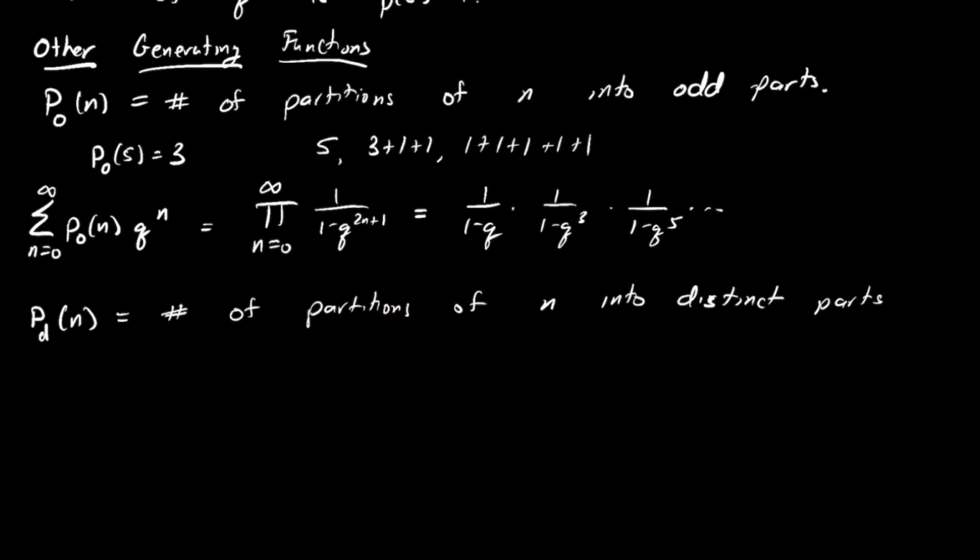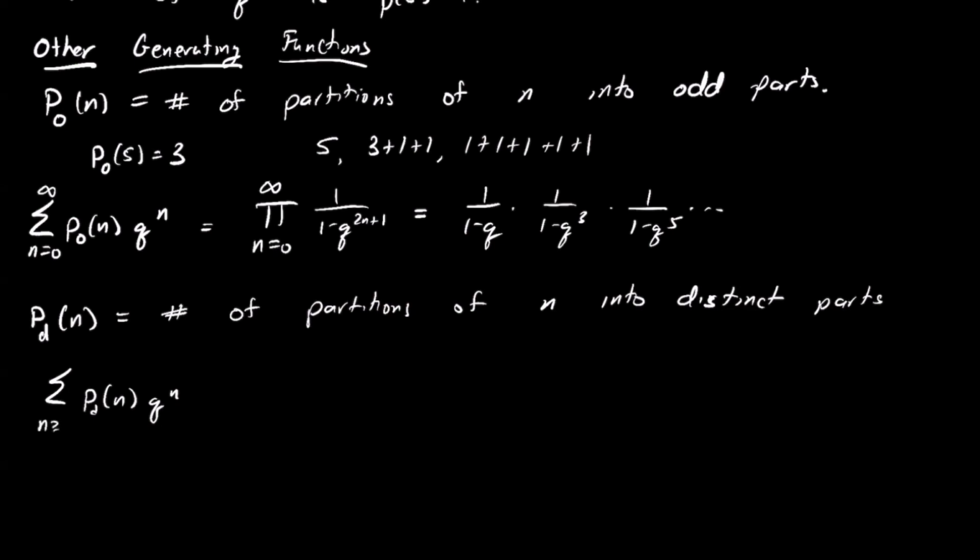So how do I write a generating function for PD of n? Well, one thing I might notice is when I write my generating function, the 1 over 1 minus q is 1 plus q to the 1 plus q to the 1 plus 1 plus q to the 1 plus 1 plus 1. And so anything that occurs after q to the 1 is really contributing multiple copies of 1. And the same thing holds for 1 over 1 minus q squared, 1 over 1 minus q cubed, and so forth.